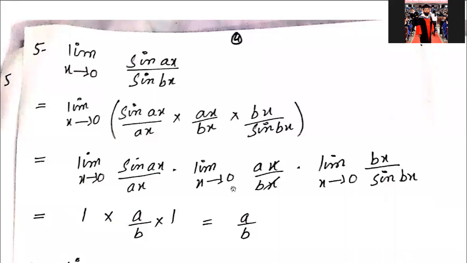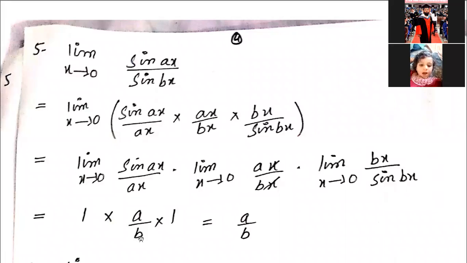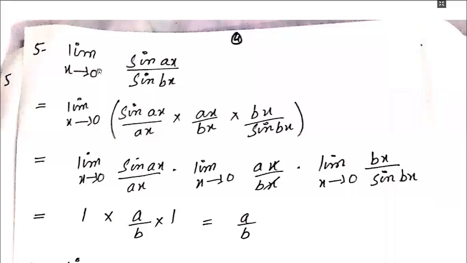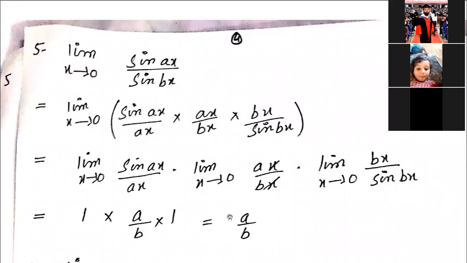X cancels. Now what is the limit of sin ax upon x? It equals a. This is a useful limit. And a upon b is a constant, so it stays. Applying the limit here, as x tends to 0, we get 1. Then this equals a upon b. It means the limit as x tends to 0 of sin ax upon sin bx equals a upon b. A upon b is a finite number, so the limit exists.